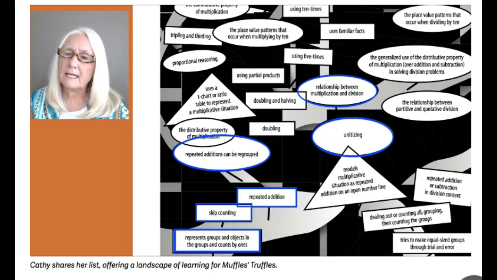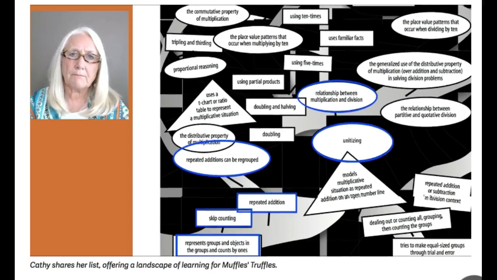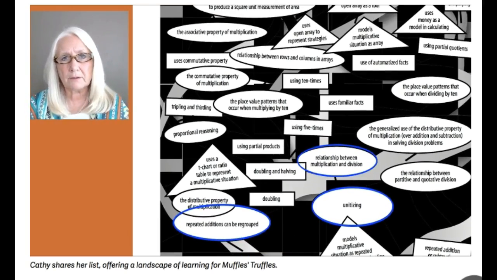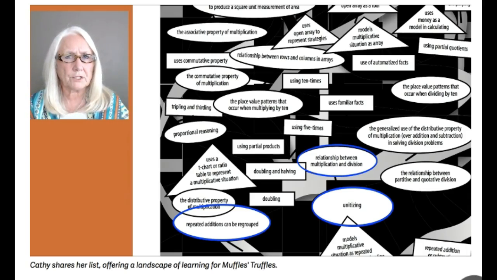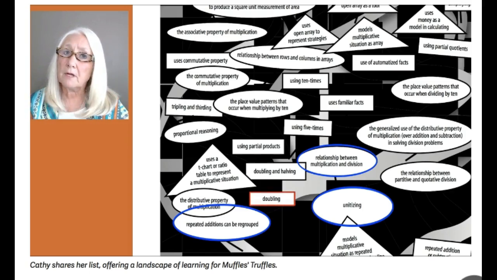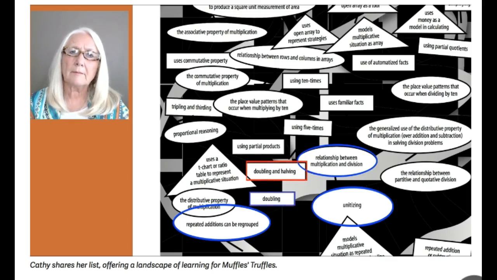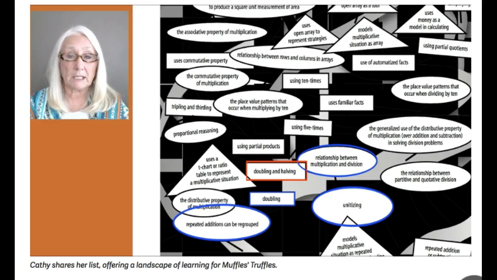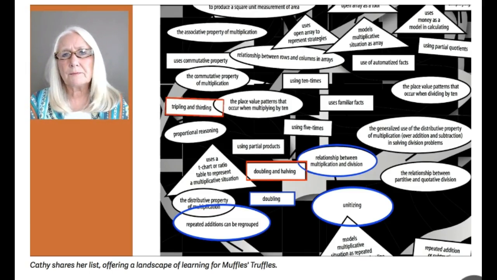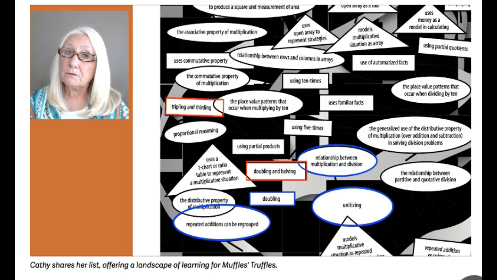After they invent the idea that groups can be regrouped to make all of this repeated addition easier, we start seeing the emergence of some much more powerful strategies. For example, they double. And then when they put 2 groups together, they realize they only need half as many groups. So this emerges a strategy of doubling and halving, which can also become tripling and thirding. So if we want to find 5 4s, that's the same thing as 10 2s.